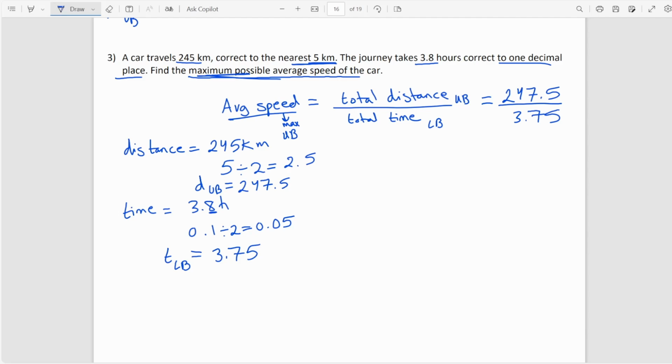And we're going to go ahead and plug those numbers on our calculator. And we get 66. Of course, the unit here is kilometers per hour, okay? Because the time is in hours and the distance is in kilometers.